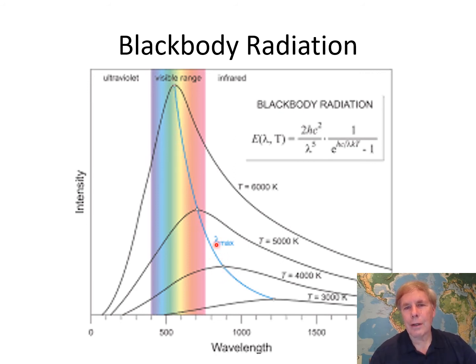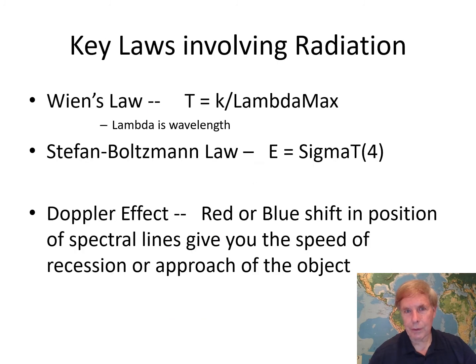And it turns out all we have to do is measure where the peak of the radiation is for any of these stars. And once we know where that wavelength is, where the radiation peaks, we can actually use that to calculate the temperature of the star. A very powerful thing. Let me show you how that works.